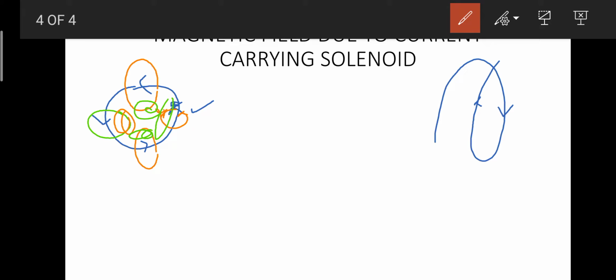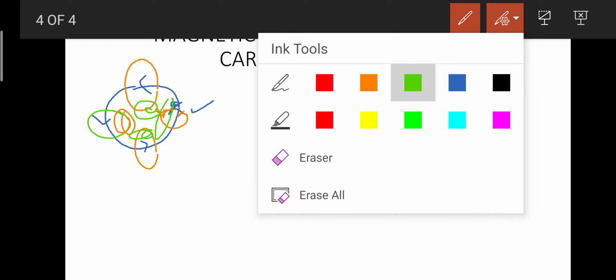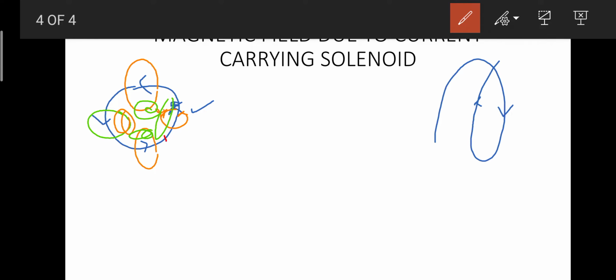Now at every point you choose, at any point, suppose I've chosen this point, or this point, the magnetic field drawn would be circular.